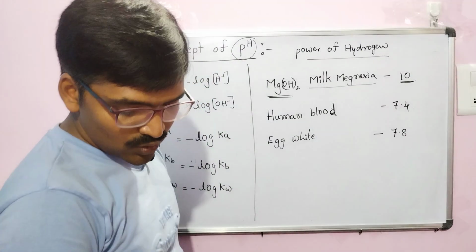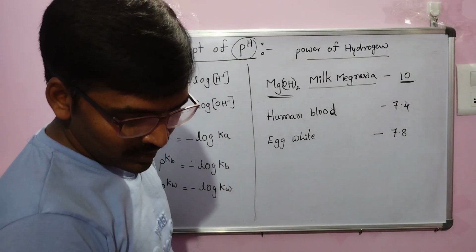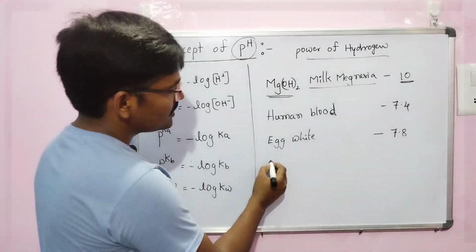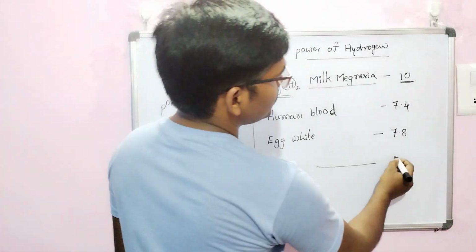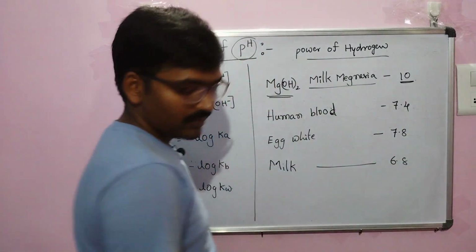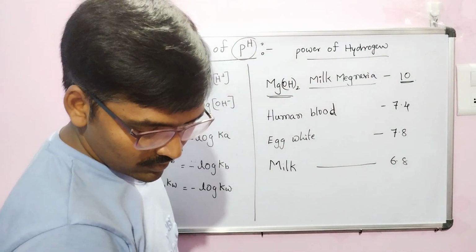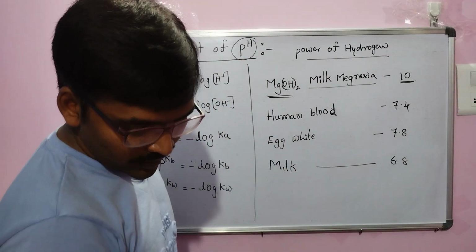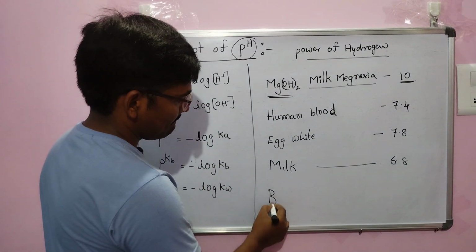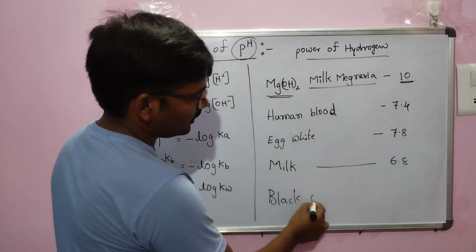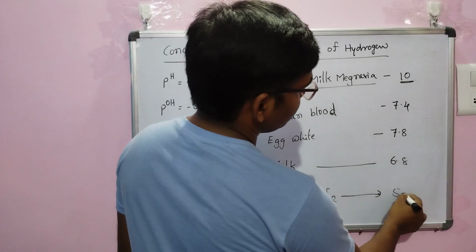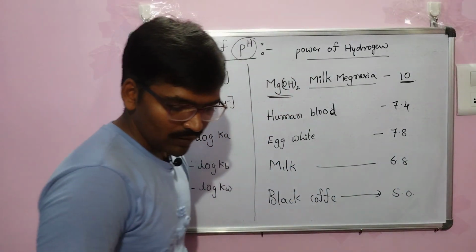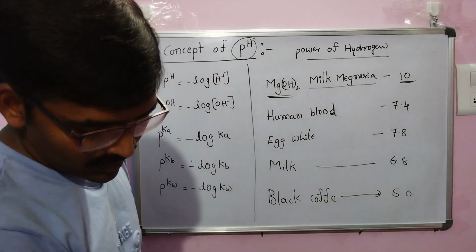Among other solutions, milk has a pH value of 6.8. Black coffee has a pH value of 5.